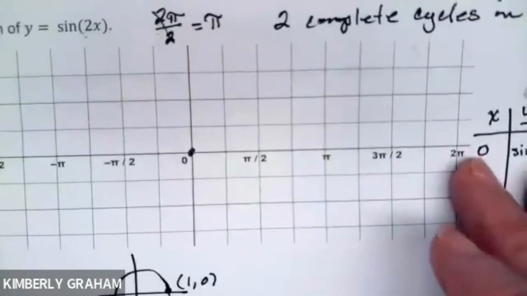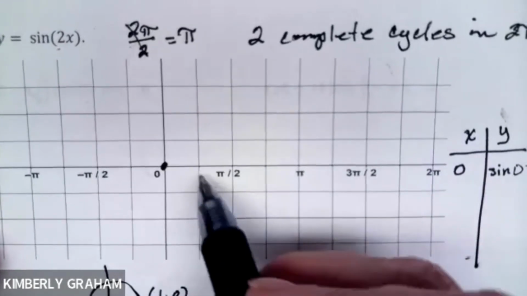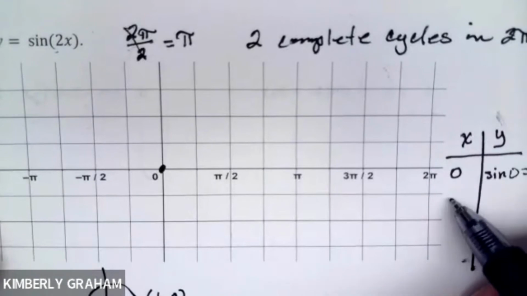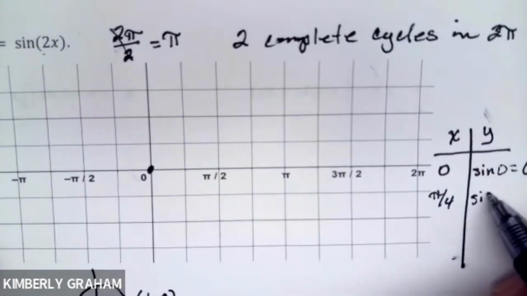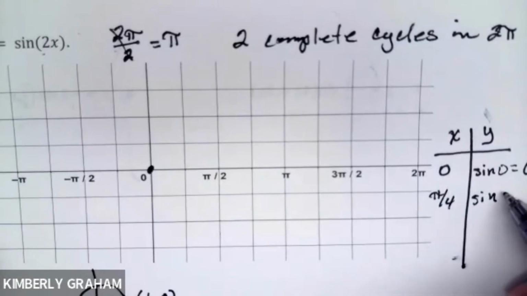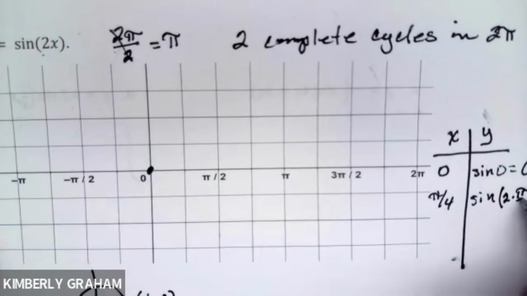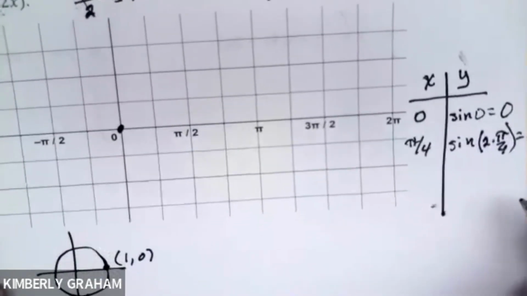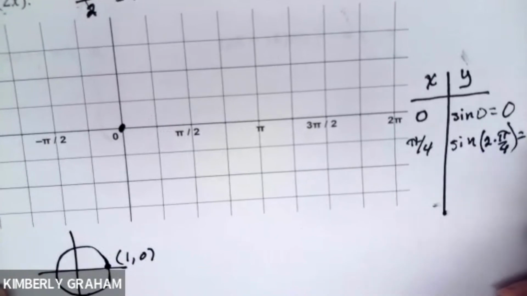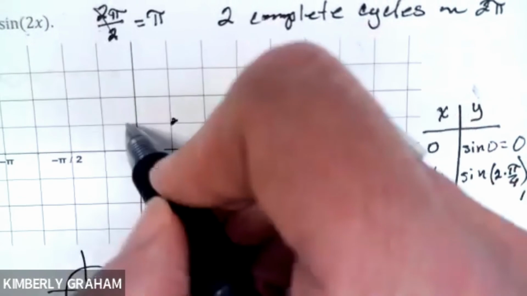And let me go ahead and put in pi over 4 for x. So I would have the sine of 2 times pi over 4, and that's 1/2 pi. So the sine of 1/2 pi is 1. All right, so here I go up to 1.